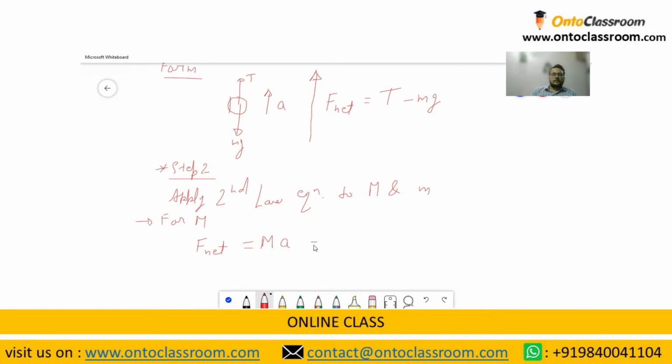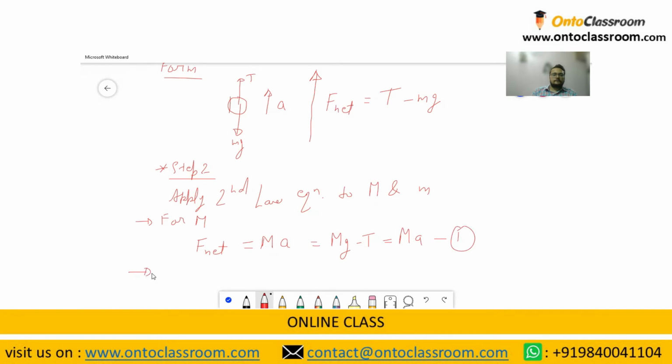That means capital Mg minus T should be equal to capital M into its acceleration, because we calculated F net for small m and capital M. For capital M it was Mg minus T.